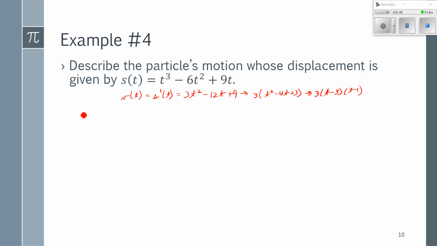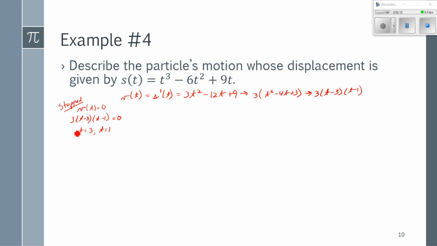So it's easiest to talk about where's this stopped. So it is stopped when v of t equals 0. In other words, when 3 times t minus 3 times t minus 1 equals 0. Well, that's at t equals 3 and t equals 1.